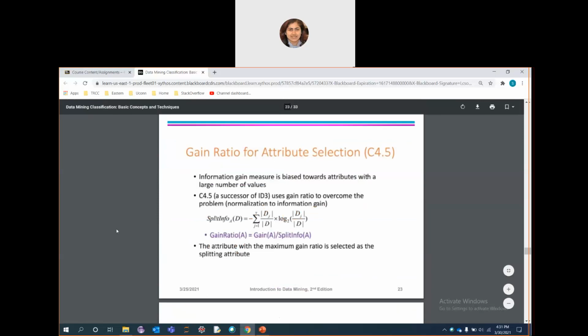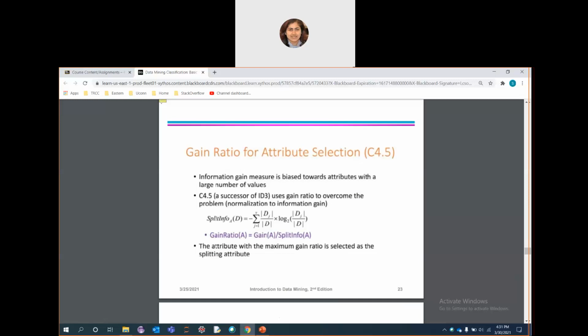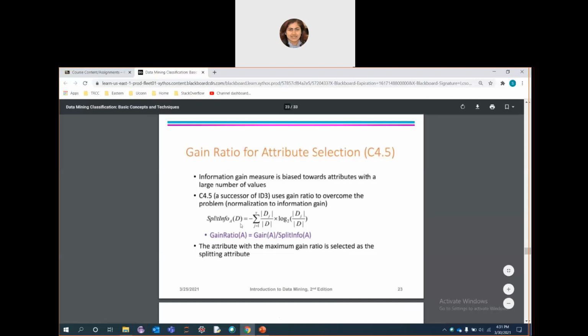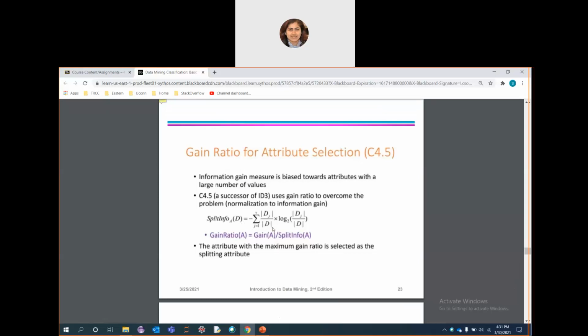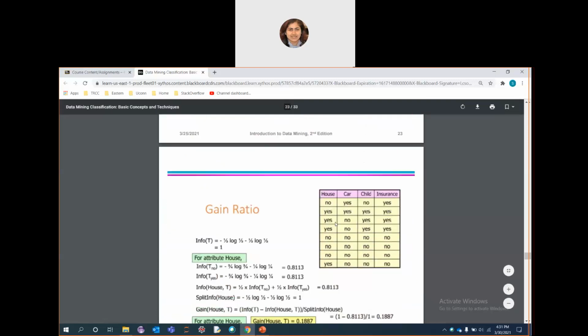If you want to see thoroughly how the split info for a given attribute is calculated, this is how it will be calculated. We need to basically consider the probability of classification or misclassification of an attribute. It will be more clear if we go through an example here.